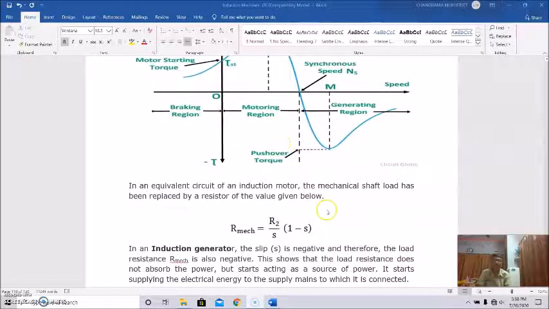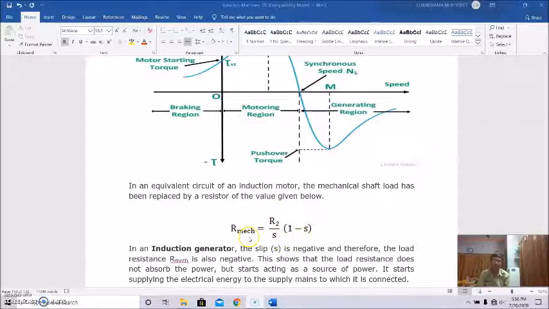In the equivalent circuit of an induction motor, the mechanical shaft load has been replaced by a resistor of the value given here. When we discussed the equivalent circuit of the three-phase induction motor, we saw this mechanical resistance, which is equivalent to R2 by S into 1 minus S. Here R2 is the rotor resistance and S is the slip.